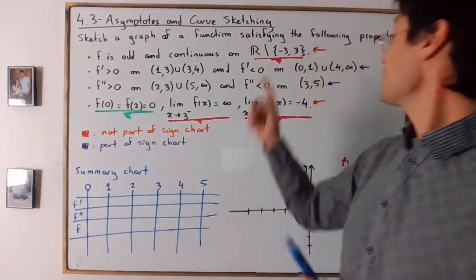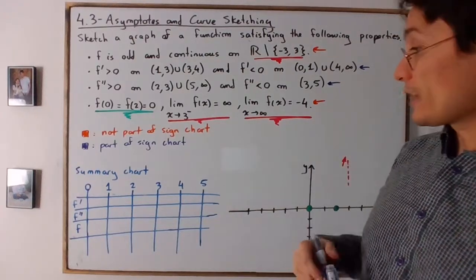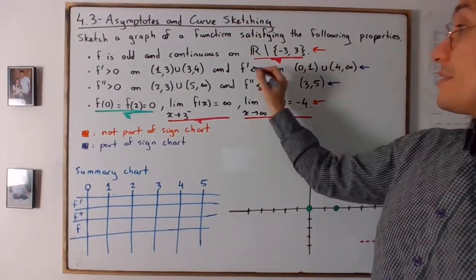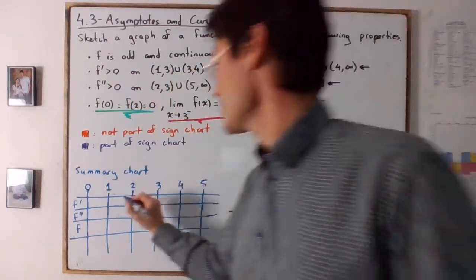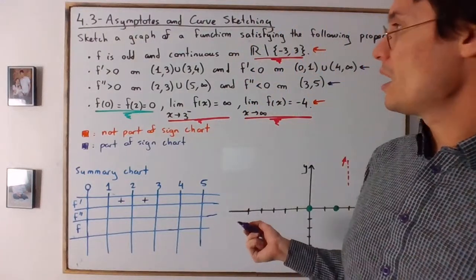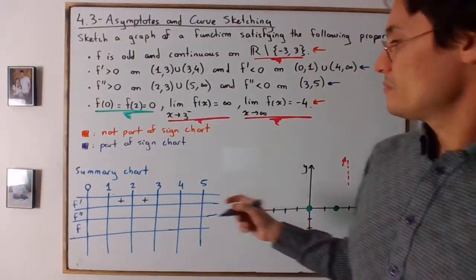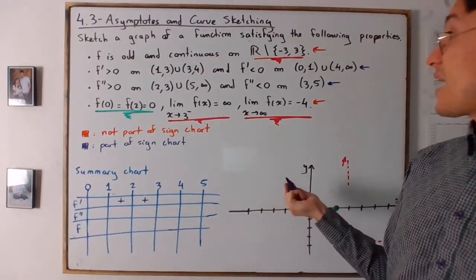Now, reading the information on that line, f prime is bigger than 0 from 1 to 3. So we're going to have plus, plus. We cannot say much about what's happening at 1 and at 3, so let's keep it at that.